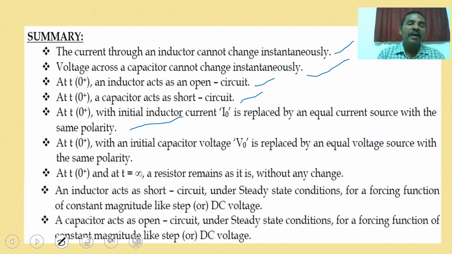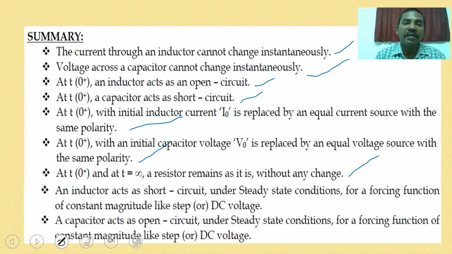At the same time, at t is equal to 0 plus, if any initial charge in the capacitor or voltage drop across the capacitor is there, we have to replace the short circuited capacitor in series with the voltage source, and the polarity must be the same as given in the circuit. That is your next point. And at t is equal to 0 plus and at t is equal to infinity, the resistor remains unchanged, without any changes. Okay.